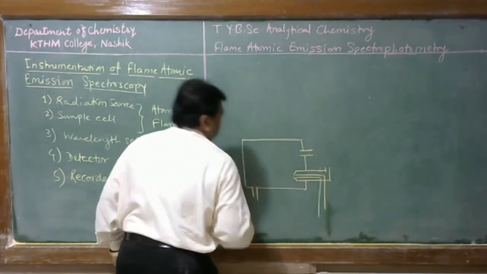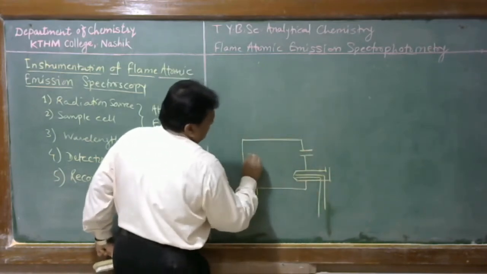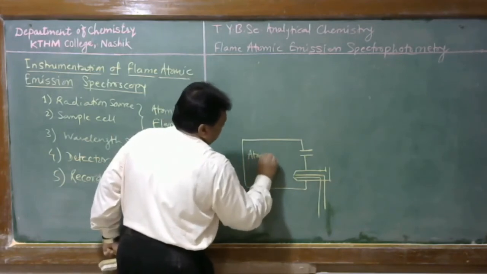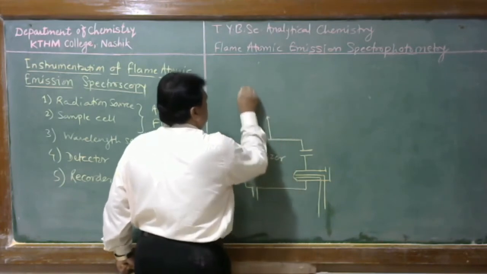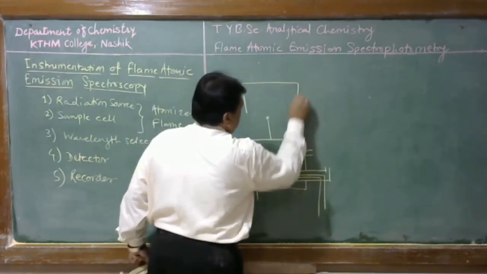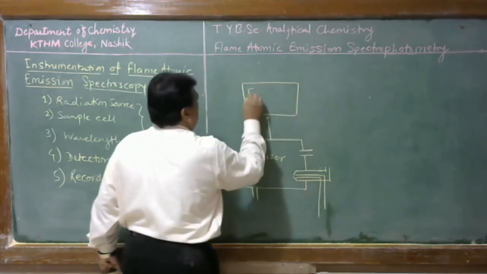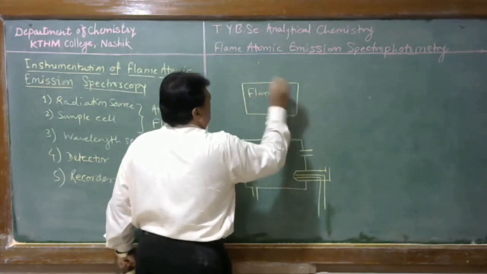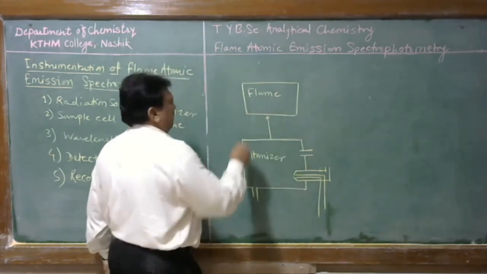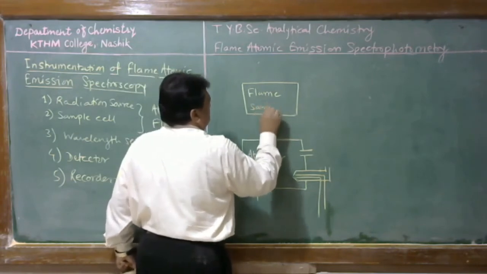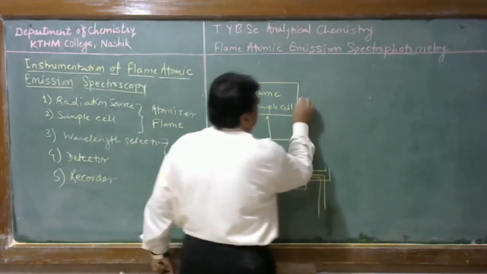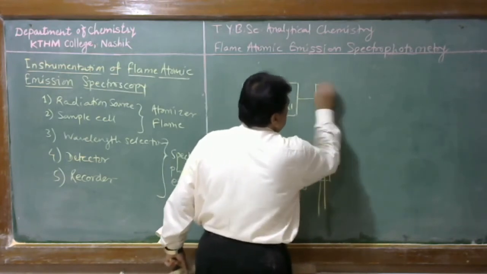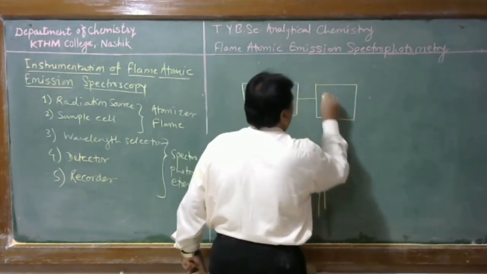Here this is called the atomizer. From the atomizer, the sample is given onto the flame. Then it is called a flame, that is a sample cell. Then here there is a monochromator.